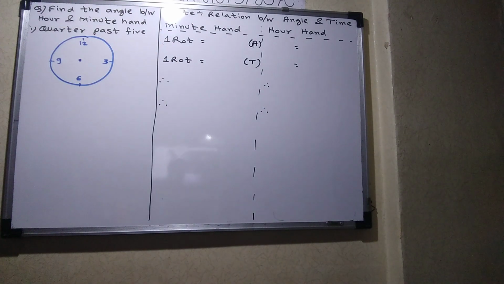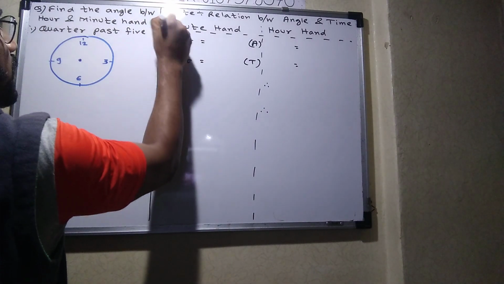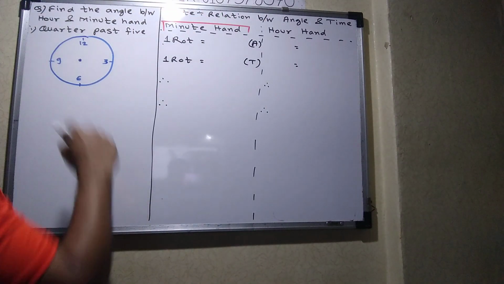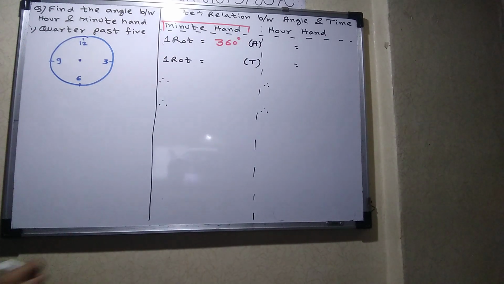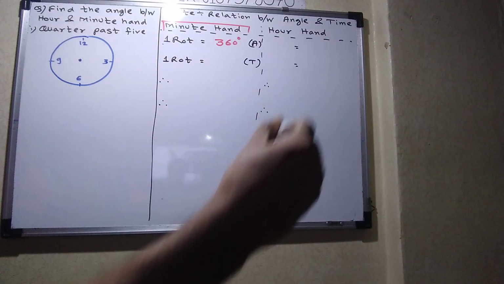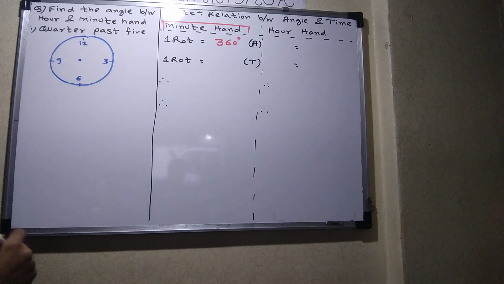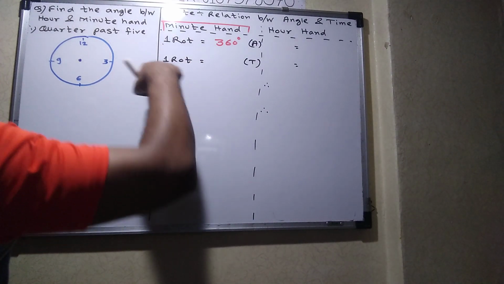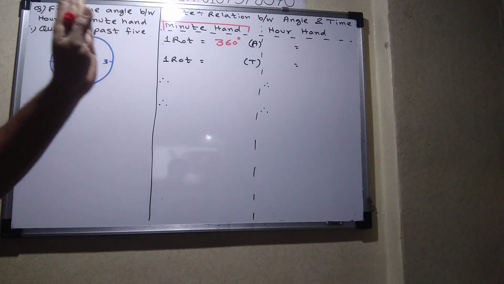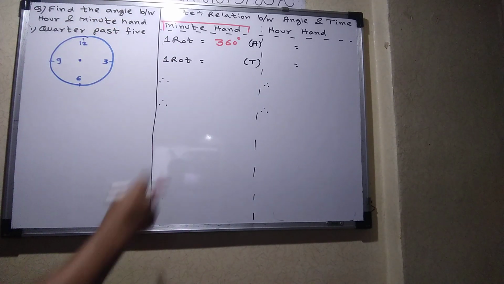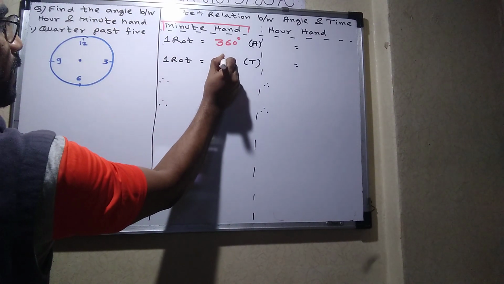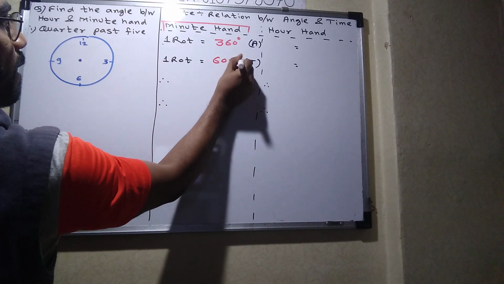So for the minute hand, one rotation, definitely for one rotation the angle is always 360 degrees. When it completes one rotation, the angle is always 360 degrees. But for the minute hand, when it completes one rotation, how much time will be there? 60 minutes.